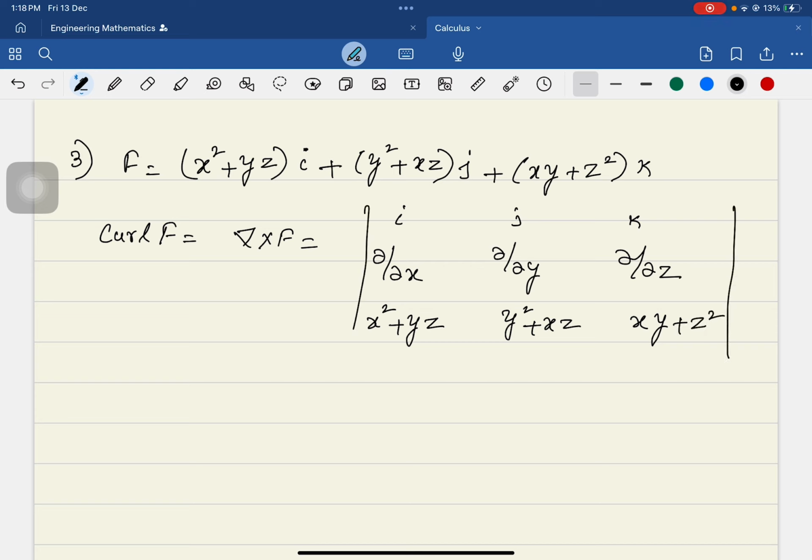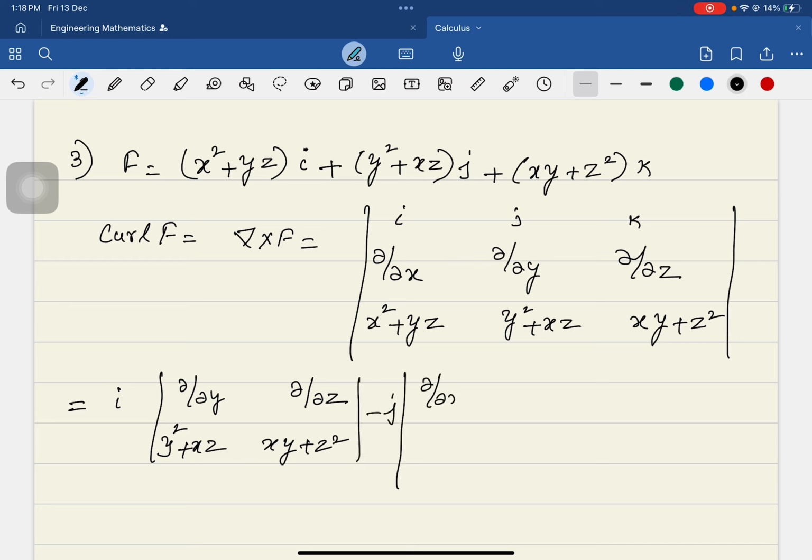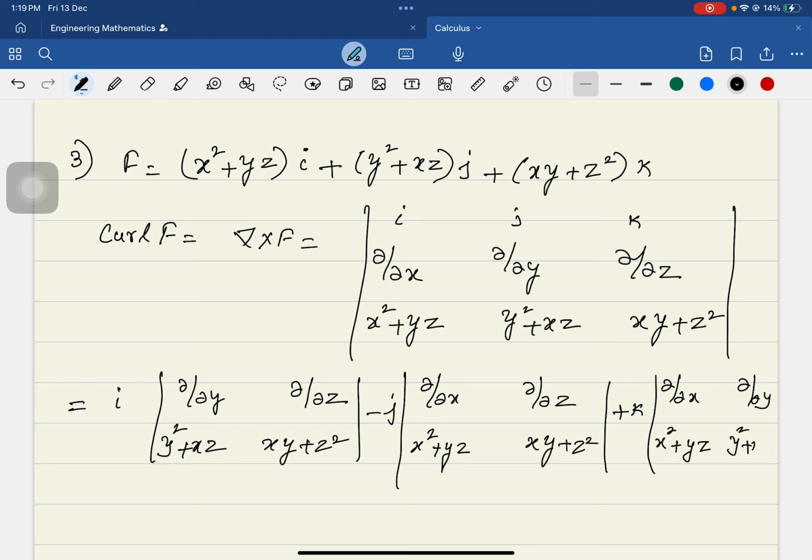So let us do the calculation. So this is i times of dou by dou y, dou by dou z, y square plus xz, xy plus z square, minus j times of dou by dou x, dou by dou z, x square plus yz, xy plus z square, plus k times of dou by dou x, dou by dou y, x square plus yz, y square plus xz. So now what does it give you?